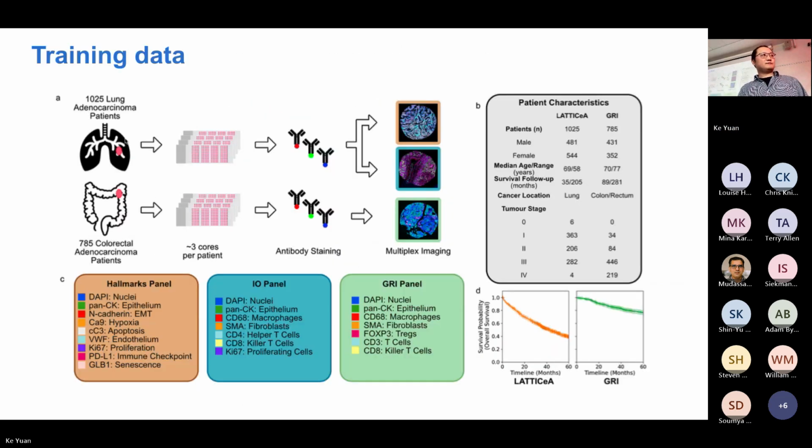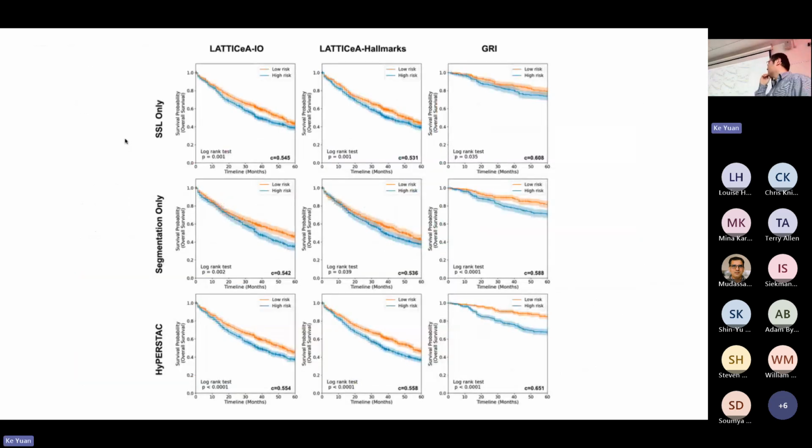So this is the performance of HyperStack. We tested in 3 settings, using predicting patient survival as the task. We did cross validation, and we trained multiple models. The top row is where you only use self-supervised learning, the middle row is just traditional segmentation-based analysis, and then HyperStack, which combines the two.